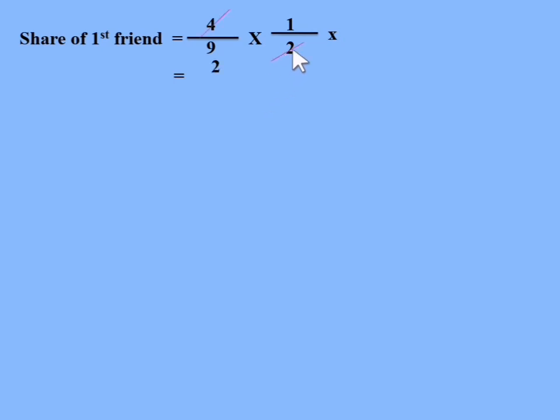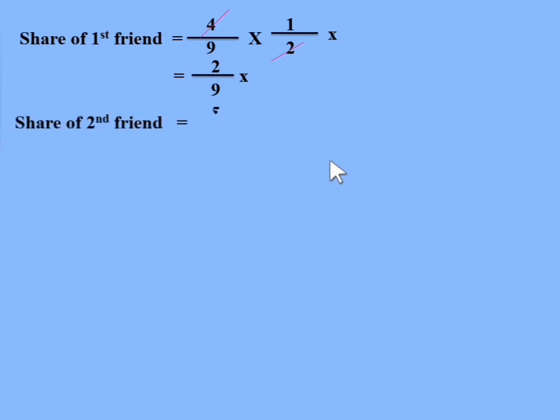So here 2 and 4 are cancelled. 2 1s are 2, 2 2s are 4. 2 by 9 x. So from the remaining profit, the first friend will receive rupees 2 by 9x.